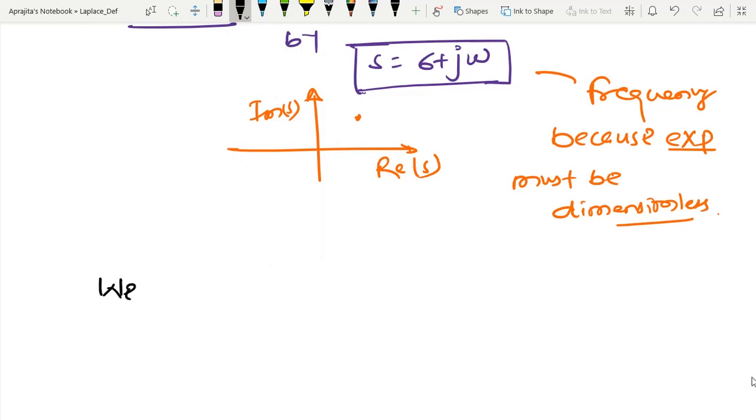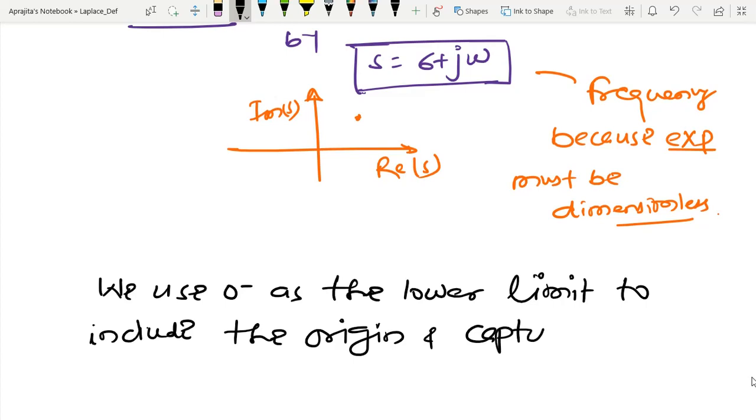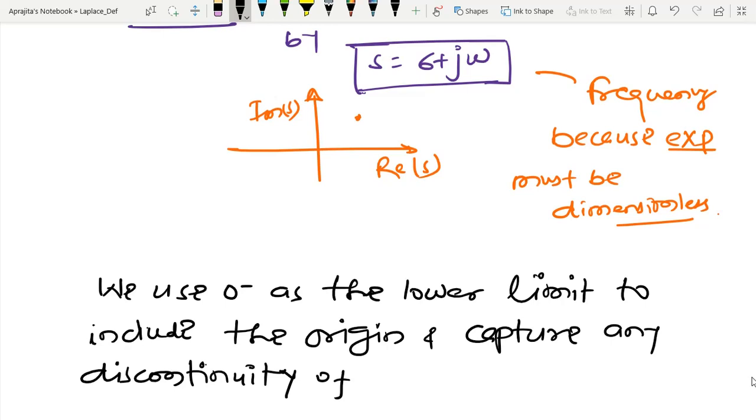We use 0 minus as the lower limit to include the origin and capture any discontinuity of f(t) at t equal to 0, because in engineering problems we have this kind of situation.